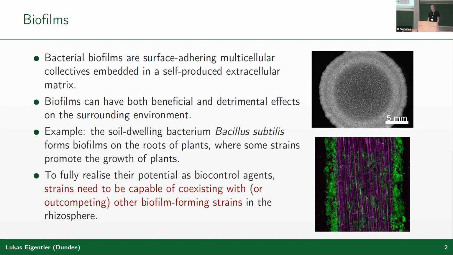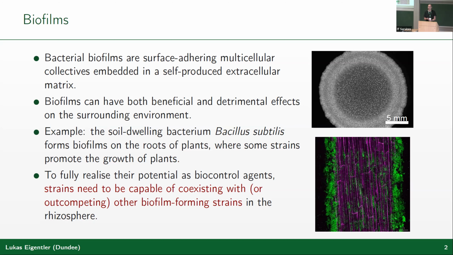One particular example that motivated us to study competition within biofilms was that of the bacterium Bacillus subtilis, which, among other places, lives in the soil. In the soil, Bacillus subtilis can form biofilms on the roots of plants. This is what you can see in the bottom image here, where in purple you can see the root of a plant, and in green a biofilm that has formed around it.